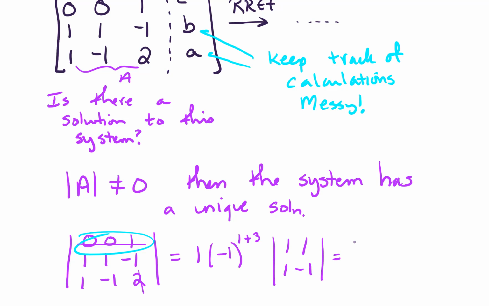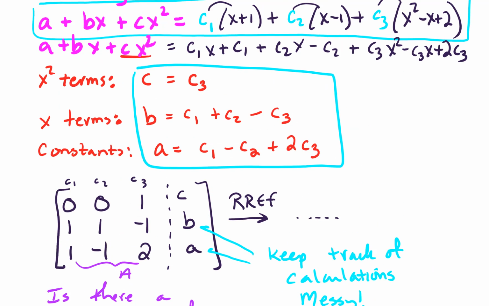This turns out to be a positive 1 in front. And multiplying here, we get negative 1 minus 1. Final answer here gives us a negative 2. So that determinant is non-zero. We do have a unique solution.